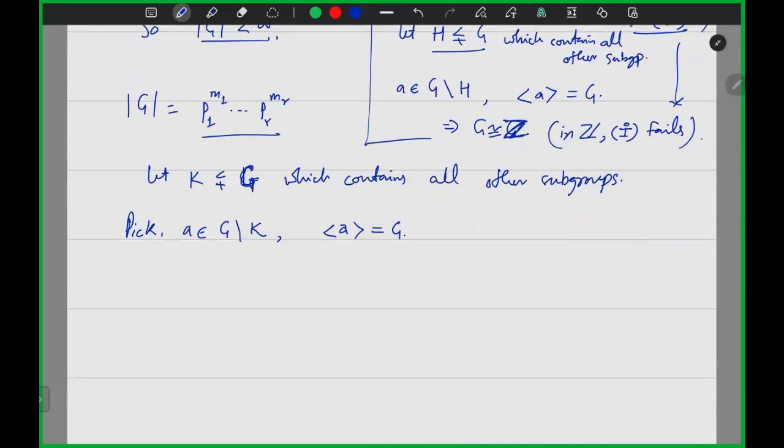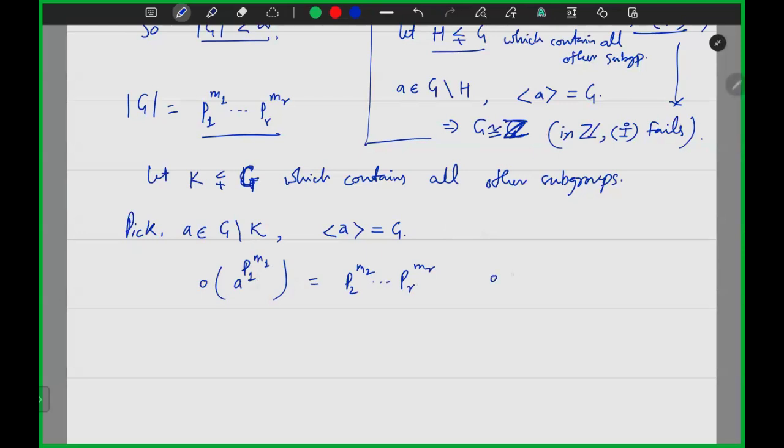So now once G is cyclic and G has this much order, there exist elements of, let me write it like this, a to the power p_1^{m_1}. What is the order of this? It is p_2^{m_2} and so on up to p_r^{m_r}, right?